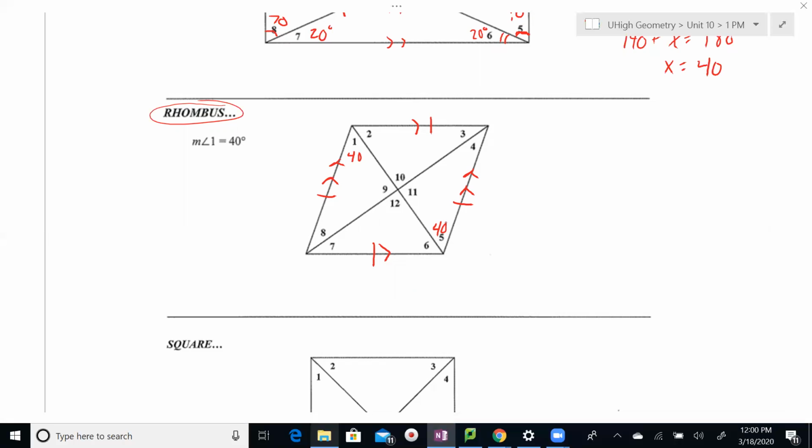Awesome. What else do I know about a rhombus? Well, I know that my diagonals are perpendicular. So that tells me that all of the angles formed by my diagonals are going to have to be 90 degrees.